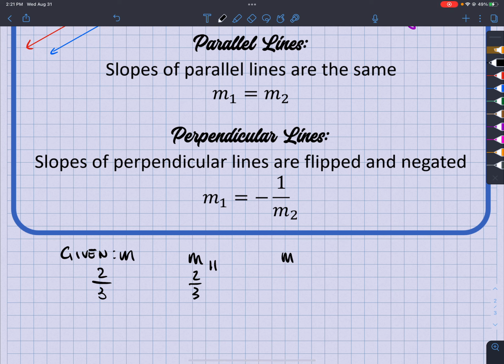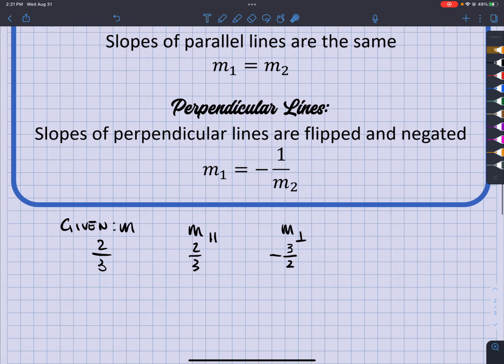However, the slope that is perpendicular is going to flip the 2/3, which would be 3/2, and negate it. Since this is positive, we're going to make it negative. Now, if this was negative, then we will make it positive.